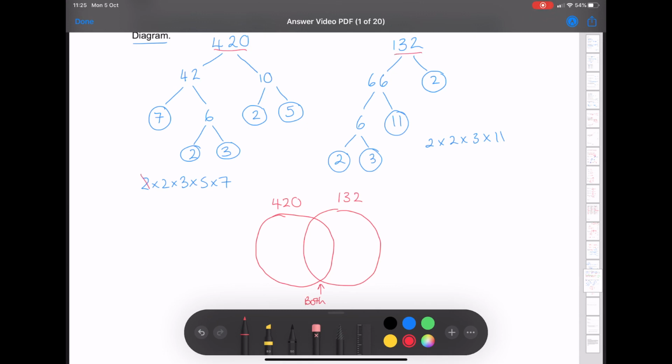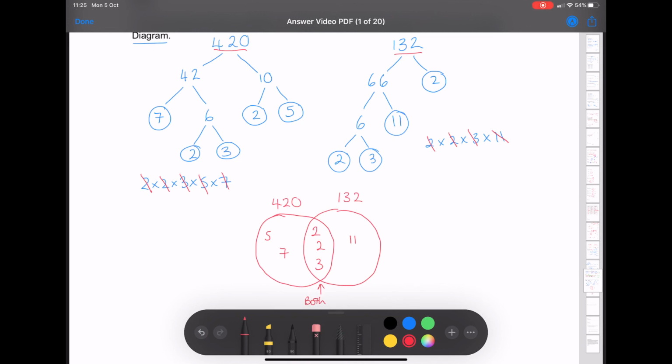So I've got a 2 there and a 2 there, which means I can put a 2. I've got another 2 there and another 2 there, so I can put another 2. And I've got a 3 there and a 3 there, so I can put a 3 there. So those are the numbers that are in both groups, okay, both numbers. Then in 420, I've got 5 and 7, which are only in 420. And I've got 11 that's only in 132.